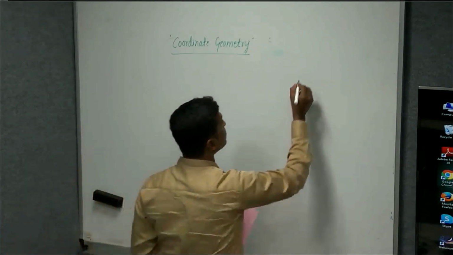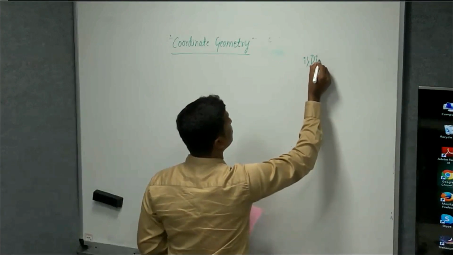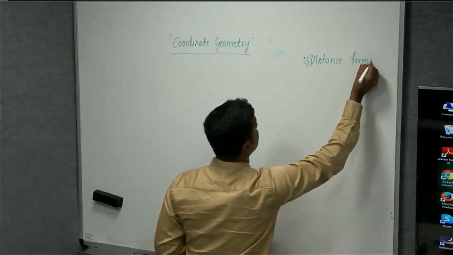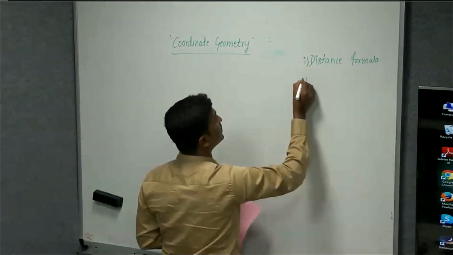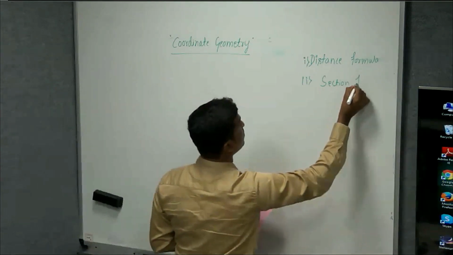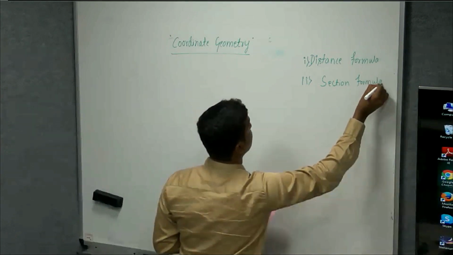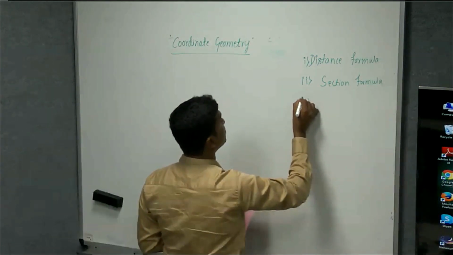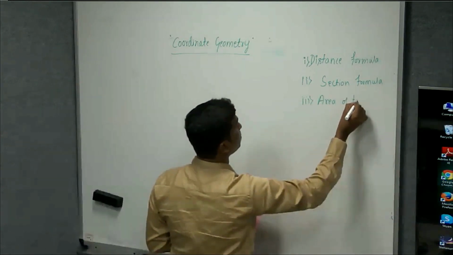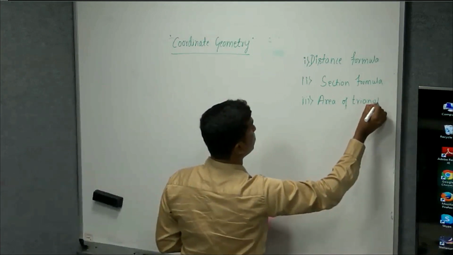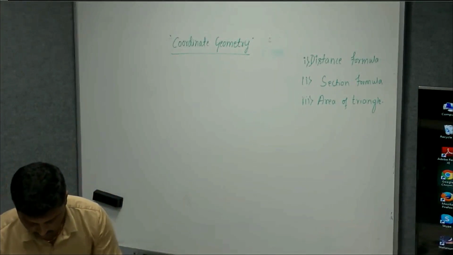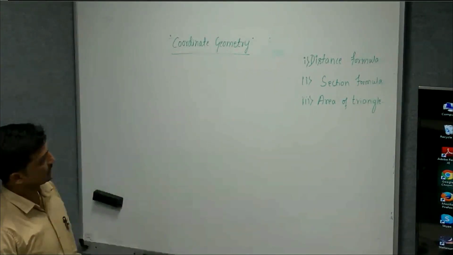The first one is distance formula, the second one is section formula, and the third one is area of triangle. These 3 are the very important parts. So you are going to have the questions related to only these 3 formulas.